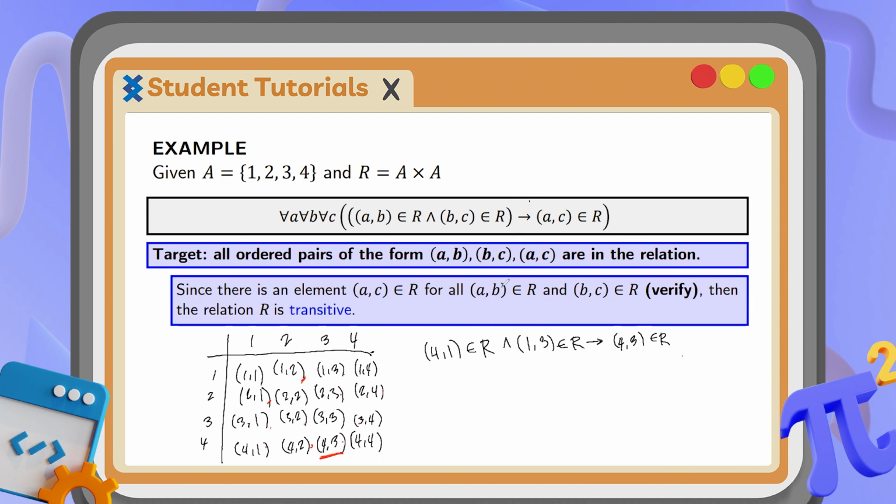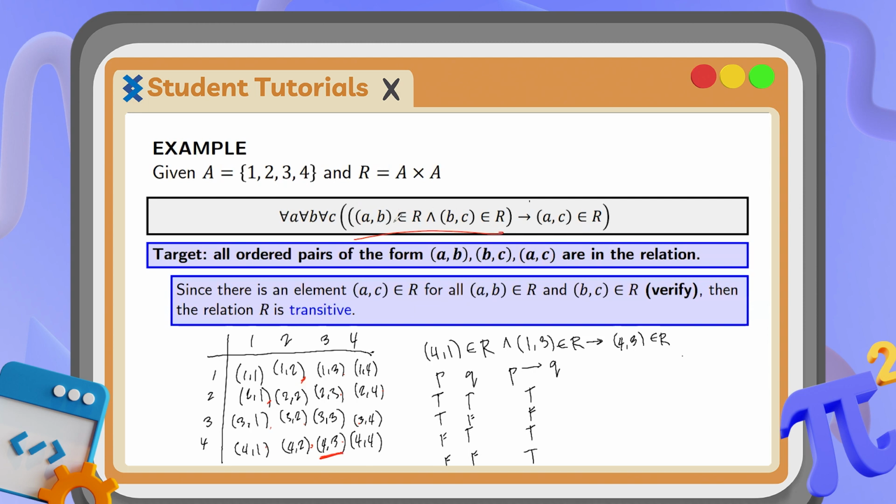So another possibility for R to be transitive is if, let's first review our propositional logic. If you have true, true, false, false, true, false, true, false, P implies Q means that this is true, this is false, this is true, and this is true. So for something to be transitive, we can say that (a, b) in the relation and (b, c) in the relation must be false.